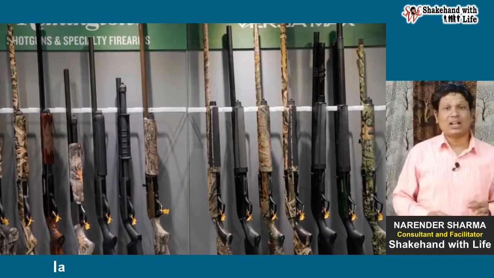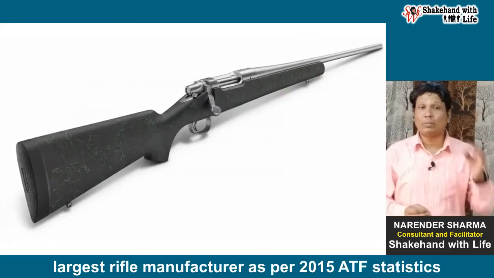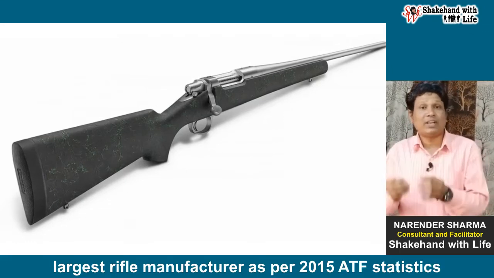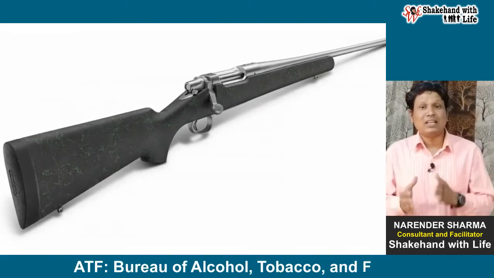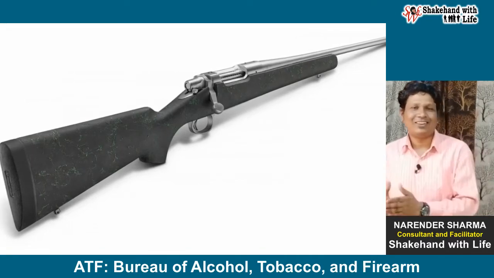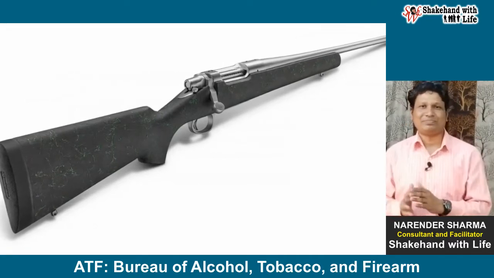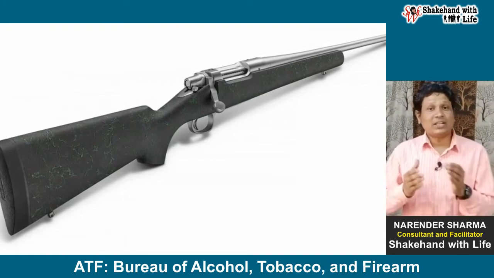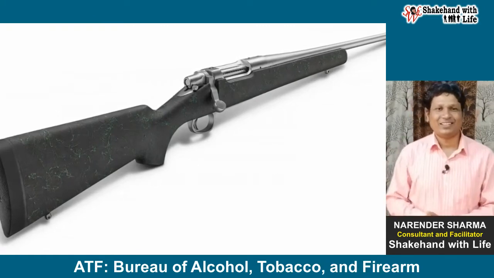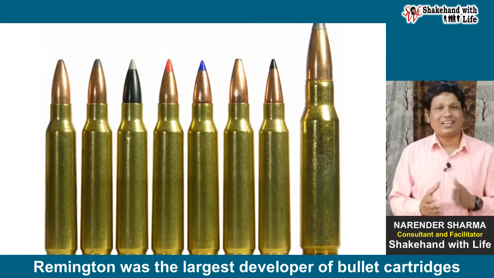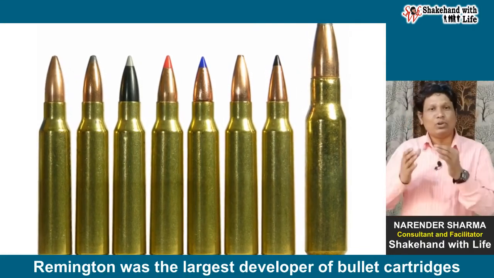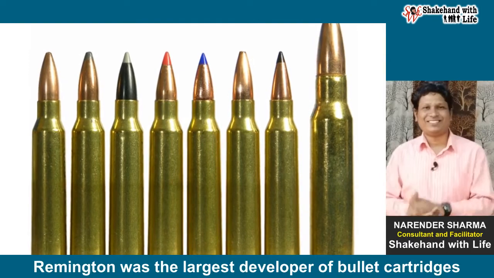The company was the largest rifle manufacturer in North America according to 2015 ATF statistics. ATF is an acronym standing for the Bureau of Alcohol, Tobacco, and Firearms. It's a United States law enforcement agency. The company developed or adopted more cartridges than any other gun maker or ammunition manufacturer in the world.